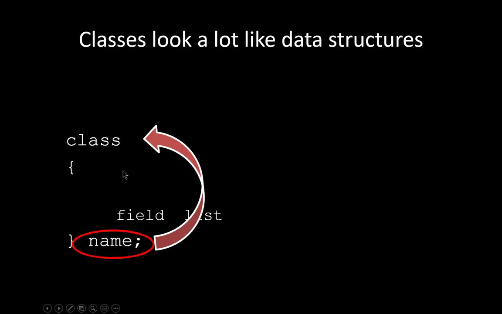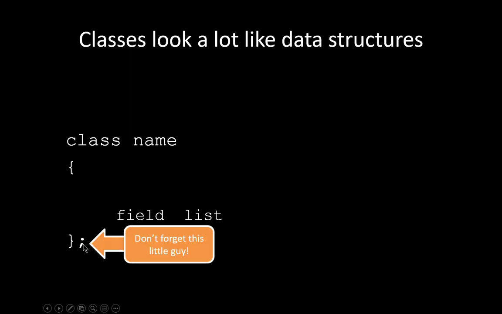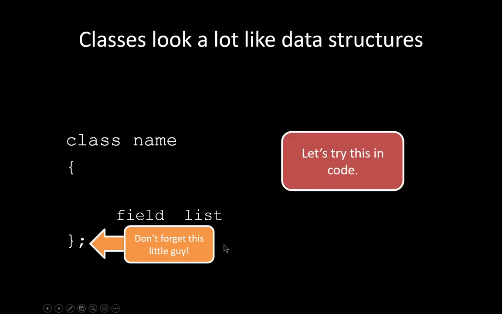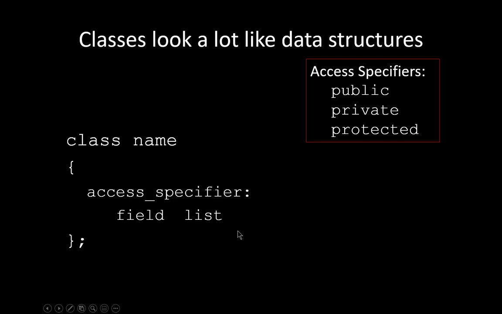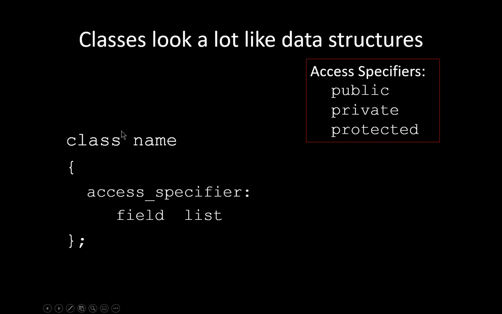We take the name and move it up behind class, and then we have our field list. One thing you can't forget is you're still going to have this semicolon down here. A common bug when writing classes is leaving that off, but you've got to keep that there. If you want to try this in code, go ahead.